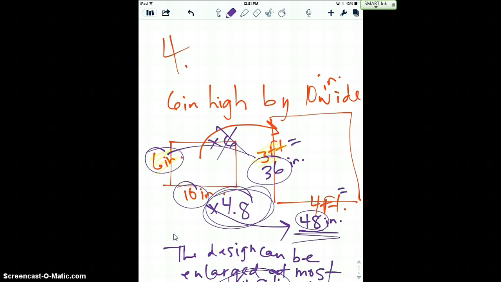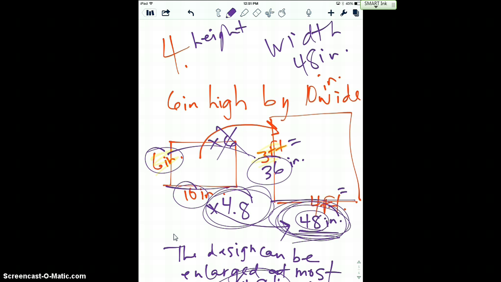So now the question would be, what are the dimensions of the poster? Well, we know we can make it to 48, right? We know we can make it there. So it's going to have a width of 48 inches. And then the height I'll need to figure out, because I am not going to go to 36 because that's going to be too much.